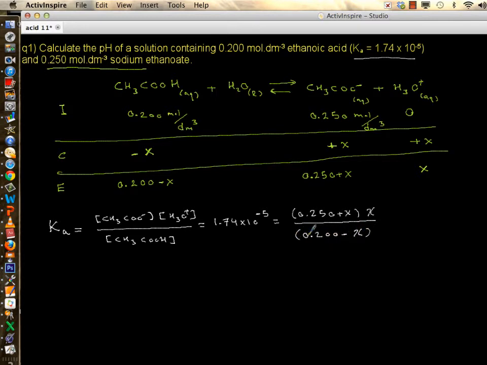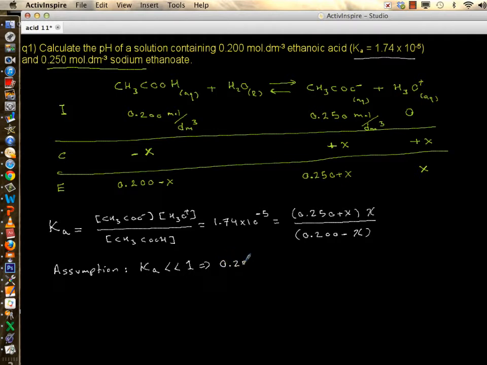Now then again, we don't want to solve anything quadratically, so we make our assumption, which always works because Ka's are usually smaller than minus 3 magnitude. So our assumption is Ka is so small, it's much smaller than 1, that we can say anything added to X or subtracted from X is the number itself.